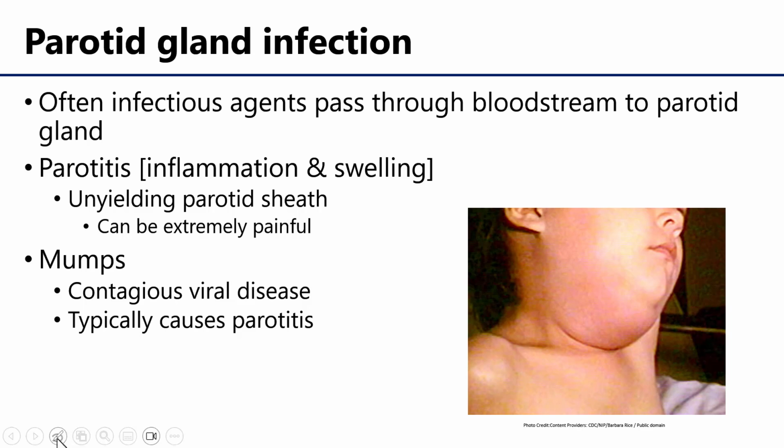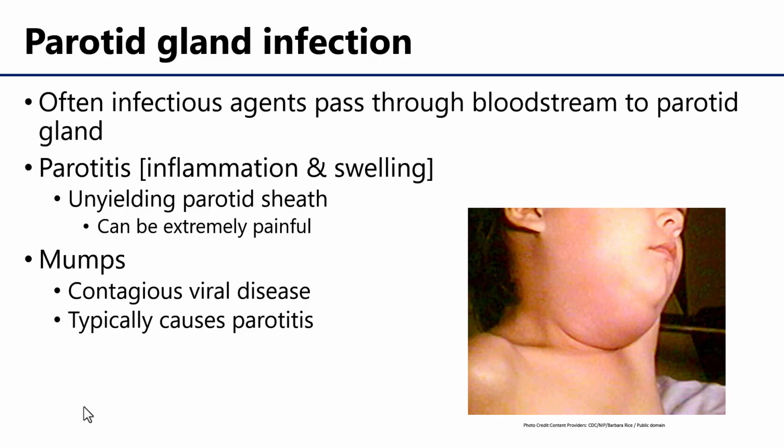The parotid gland is not invulnerable. It is subject to infection and other potential injury, etc. So oftentimes various infectious agents can pass through the bloodstream and arrive at the parotid gland.